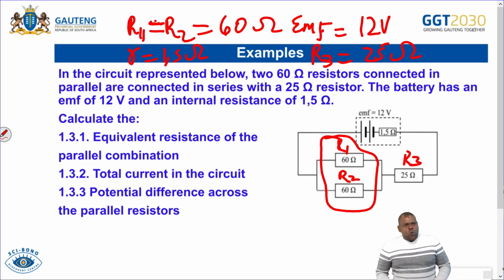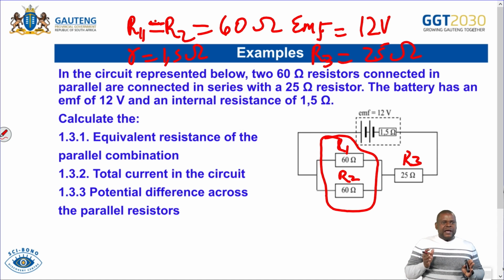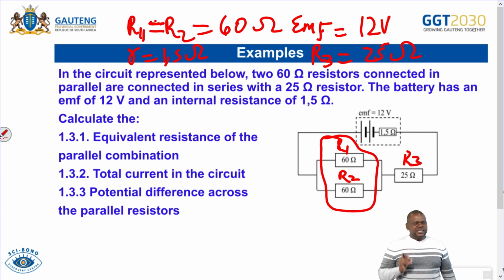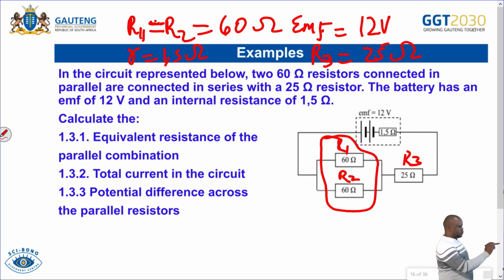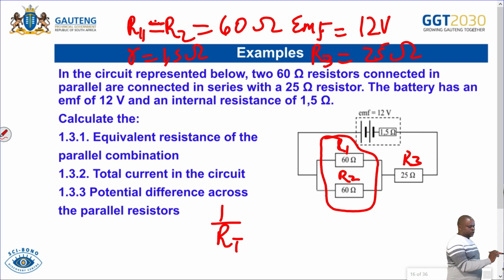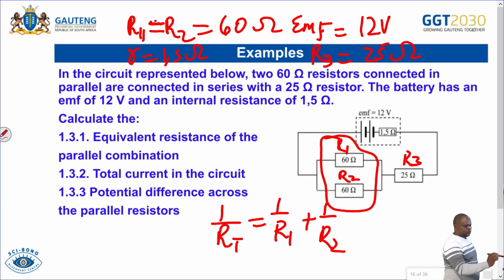Remember, for resistors connected in parallel we use this formula: 1 over R total is equal to 1 over R1 plus 1 over R2.